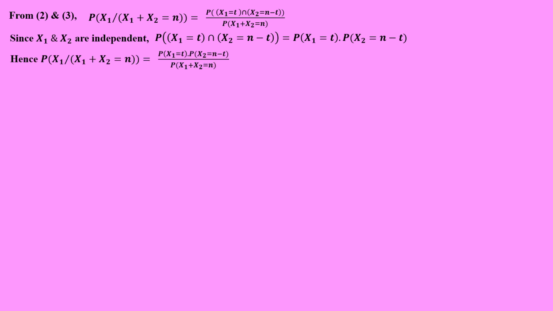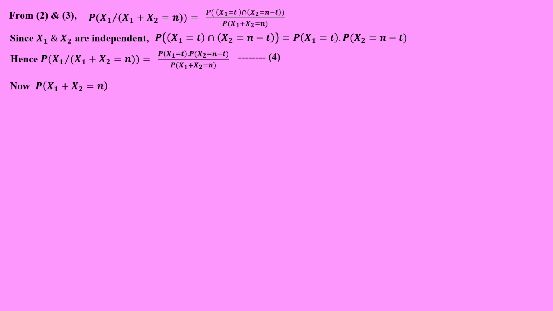So probability of A intersection B, when A and B are independent, is probability of A into probability of B, and we are using that formula here. Hence probability of X1 given X1 plus X2 equal to n is equal to probability of X1 equal to t into probability of X2 equal to n minus t, by probability of X1 plus X2 equal to n. That is equation number 4.